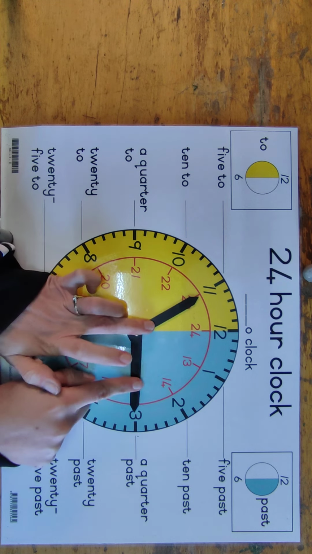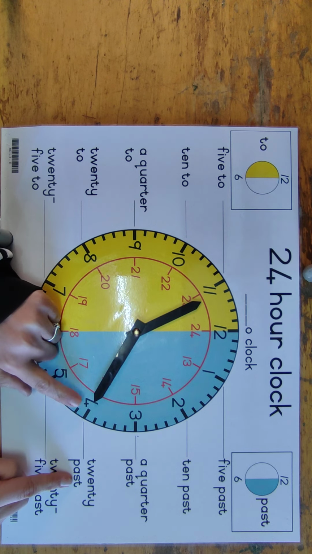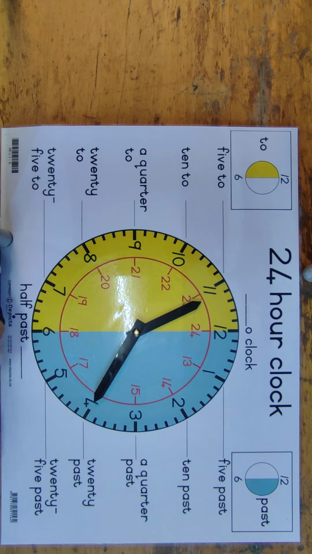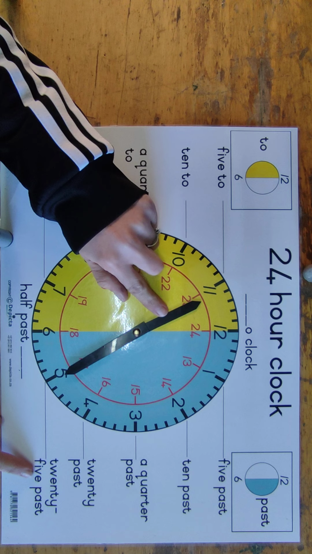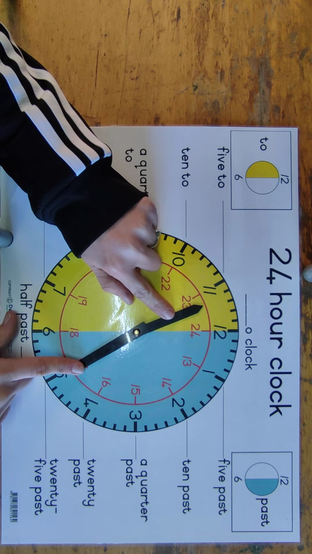Okay, then we move to the next number. We've got 4, which is 20 past. Just a reminder again, 5, 10, 15, 20 past. Then we go to the 5, and it's now 25 past. And remember, as this minute hand moves, the hour hand slowly moves as well.